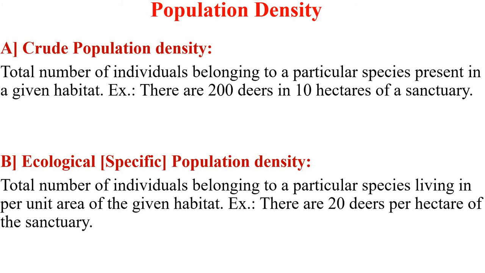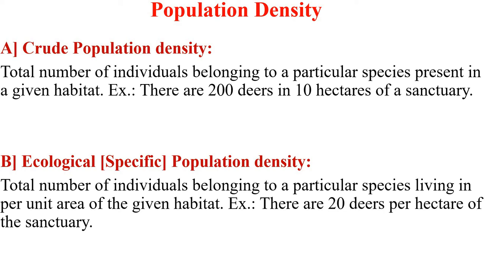Population density is of two types, crude population density and second one, ecological or specific population density. We'll consider first crude population density, which is nothing but total number of individuals belonging to a particular species present in a given habitat.